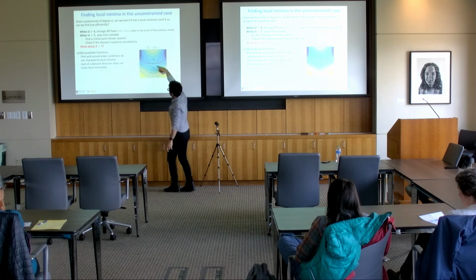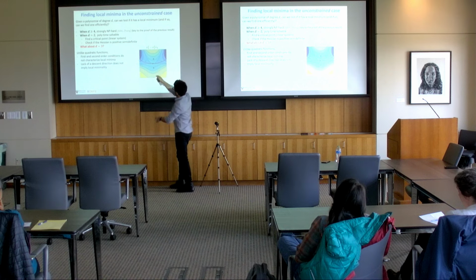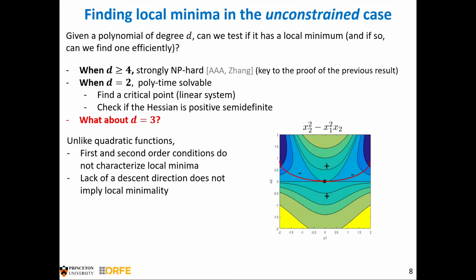So this is clear. If I look down, the function is increasing. If I look up, the function is increasing. But even if I look diagonally, before I move to the negative region, there will be some part where I first go positive. So across any line I am increasing; there is no descent direction. And this may fool me into thinking that the origin is a local min.